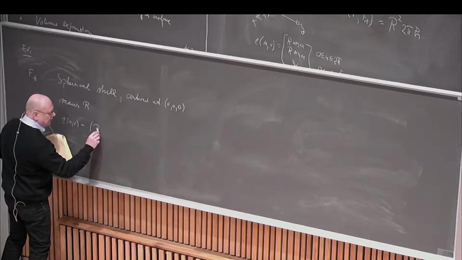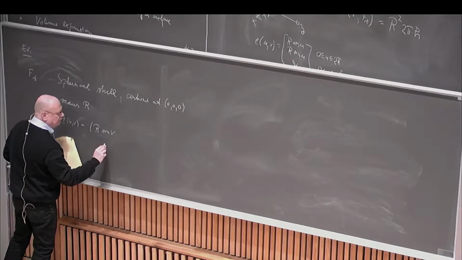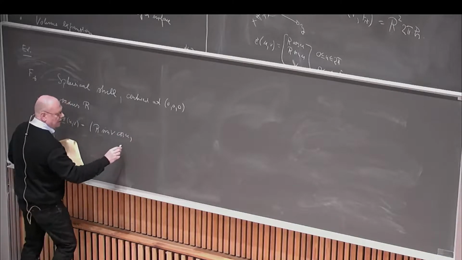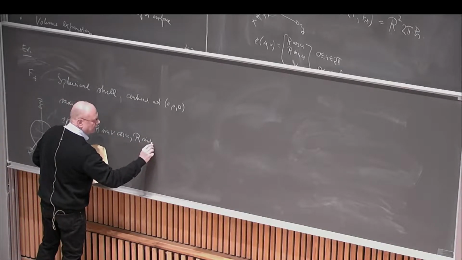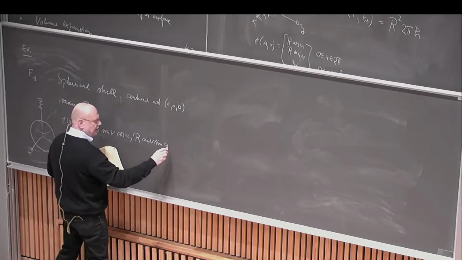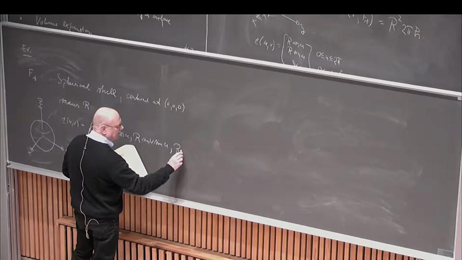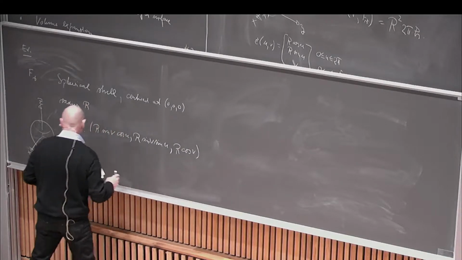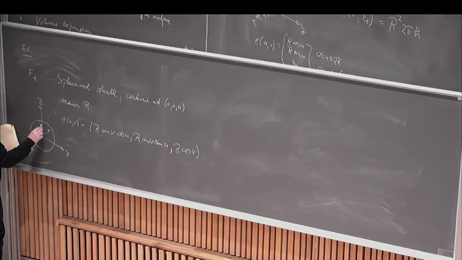It is given as r times sine v cosine u, then r sine v sine u, and then finally r cosine v. v here is, if you have a point here, this angle here from the top. r is, of course, the radius of the sphere, and u is the angle with the x-axis of the projection down to the xy plane.